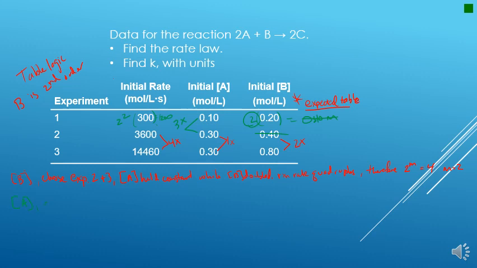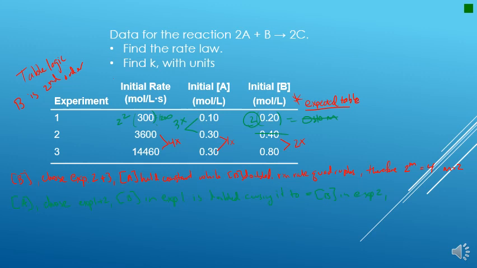So for A, we could say that we chose experiments 1 and 2. We can say that the concentration of B in experiment 1 is doubled, causing it to equal the concentration of B in experiment 2.